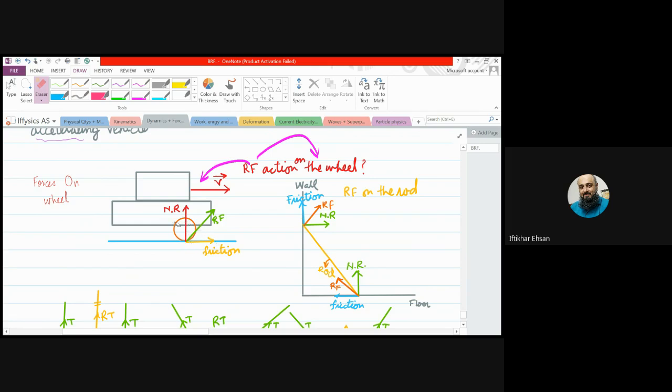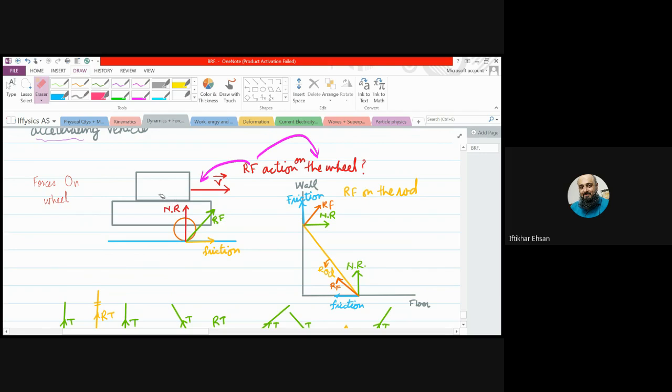As the car pushes the ground downward due to its weight, the road will apply an upward force on the wheel. We are looking at the forces on the wheel. So the downward force is on the ground, let me tell you. And on the wheel, the ground will apply a force that will be upward. That is called the normal reaction, a contact force.